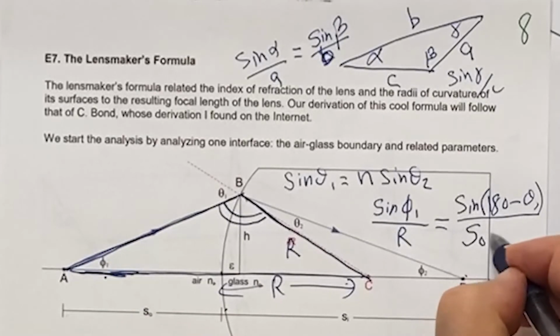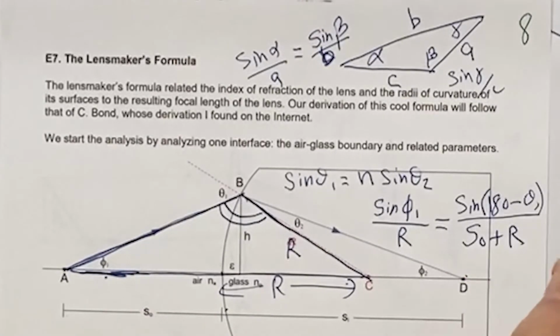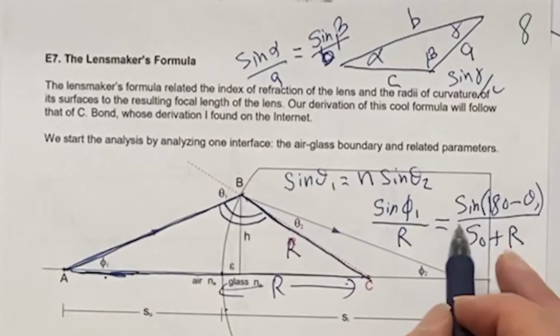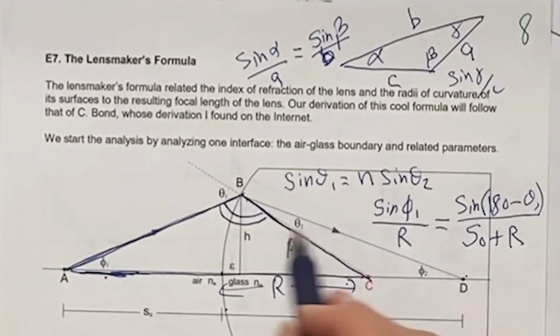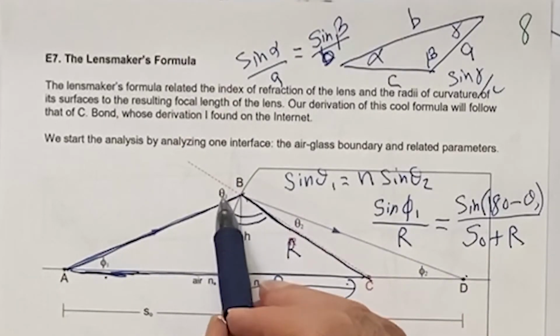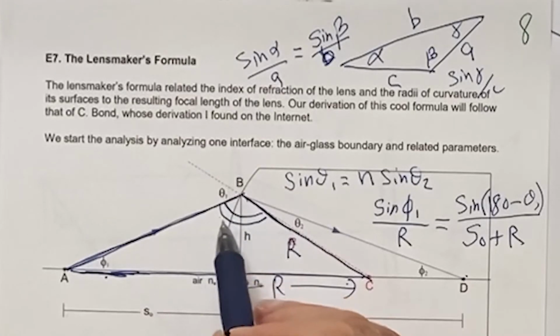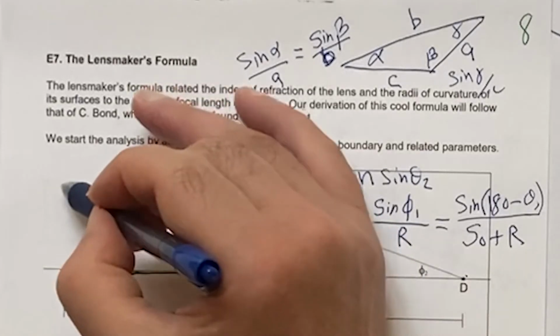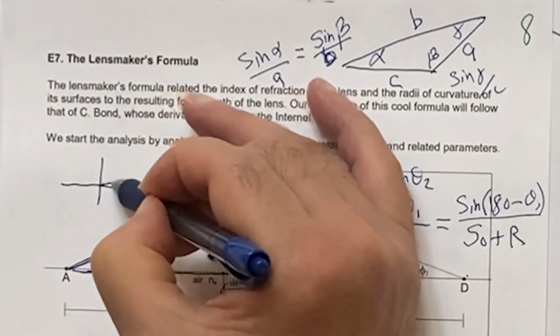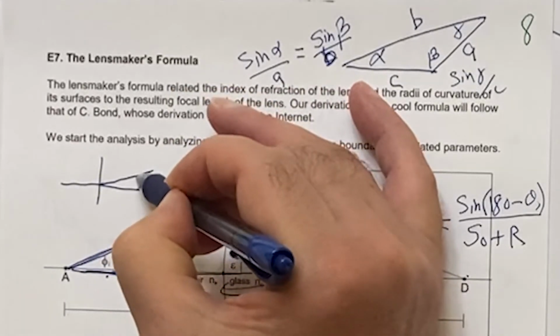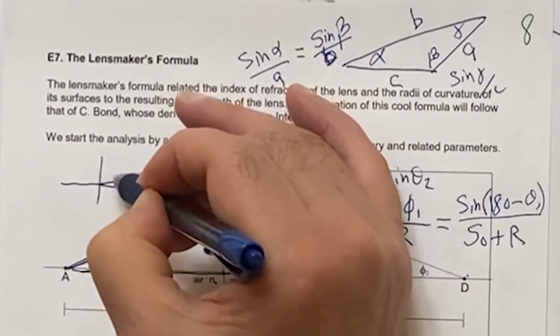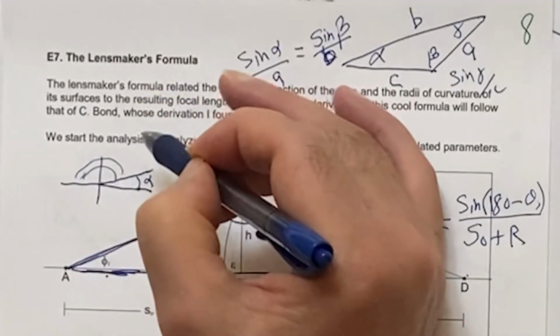So SO plus R. And now I use a principle from high school. Remember that if you have the sine of supplementary angles, they're the same. So if you have an angle here, say some angle alpha, and then this is the supplement, right?